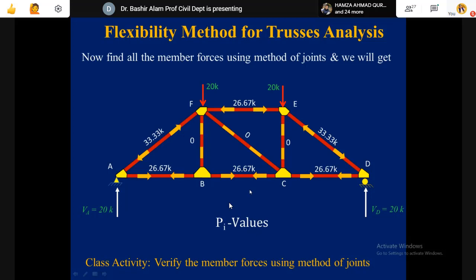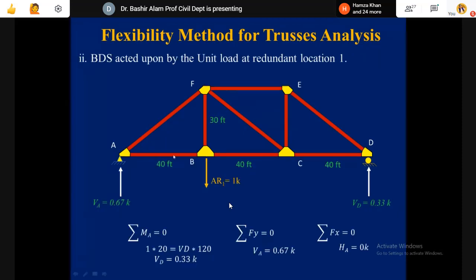So downward, we will be putting a 1 kip load now and analyzing this structure. So here now you can see AR1 is equal to 1 on the same basic determinate structure. Quickly, we find out the support reactions. At A, 0.67 is coming, and at D, it is 0.33.